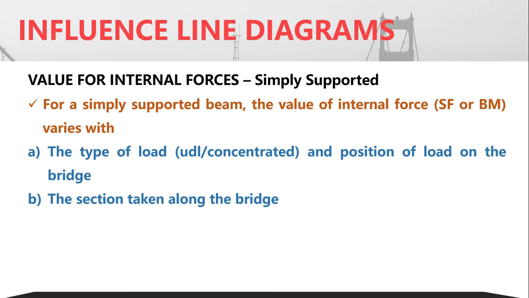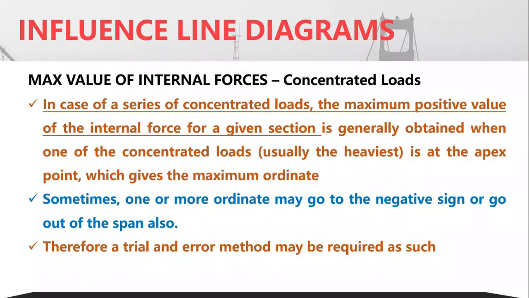And then it depends upon which section you want to find the corresponding value of bending moment or shear force. Now as I told you, the next part we shall be going into is to find the maximum value of internal force at a corresponding section.